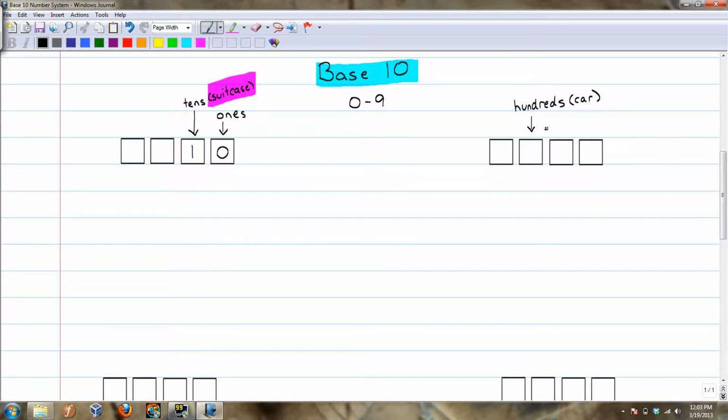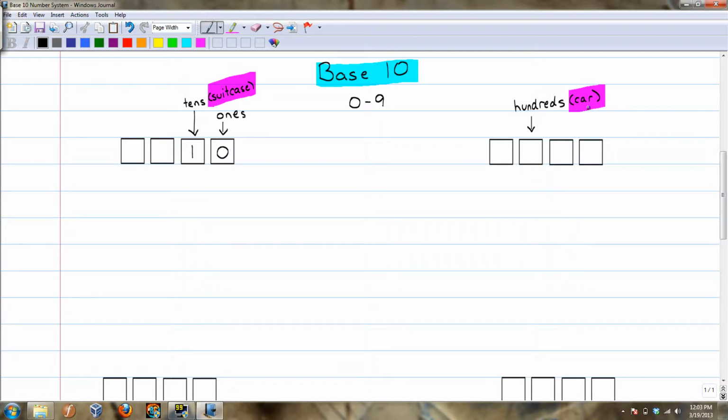Let's take this a step further. What if we had 9 suitcases and a fellow came along and gave us another suitcase? So we have 10 suitcases now. Well, up to 9 suitcases we can carry, but once it gets to 10 suitcases, that just gets ridiculous. So we're going to take those 10 suitcases, and we're going to load up our car.